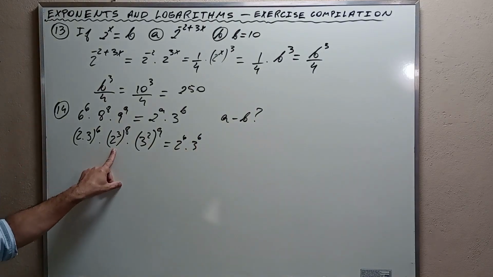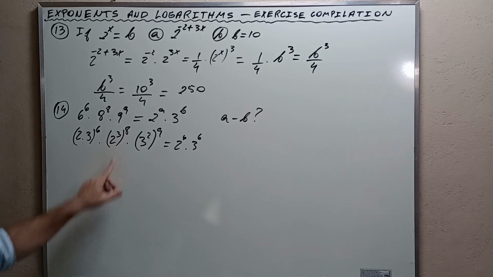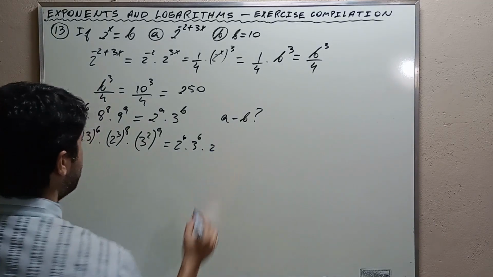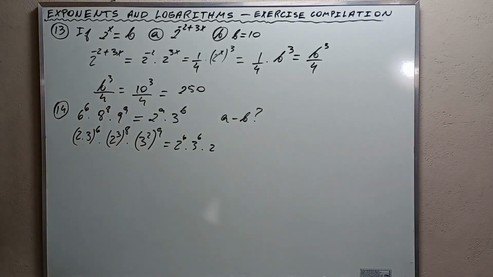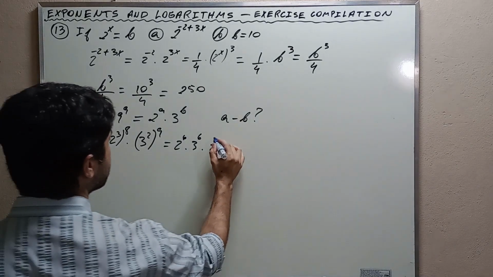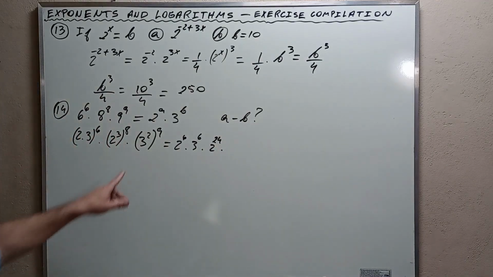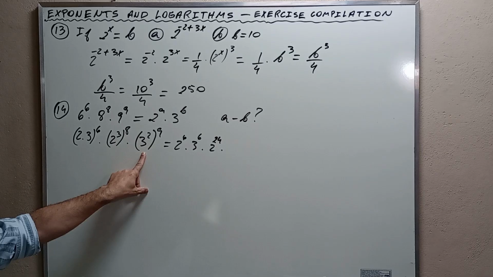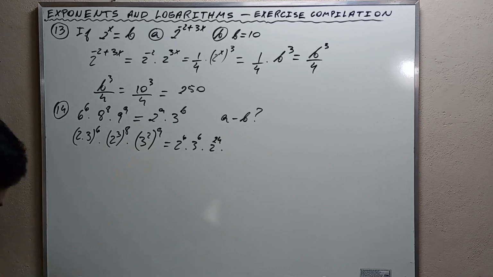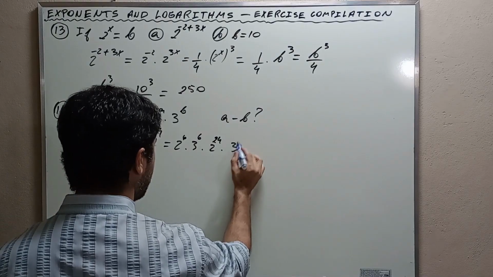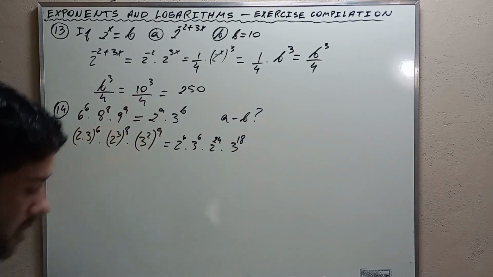And how about this? What can we do here? Observe that it is multiplication, 3 times 8. 3 times 8 is 24. And how about here? 2 times 9 is 18. 3 raised to the power of 18.